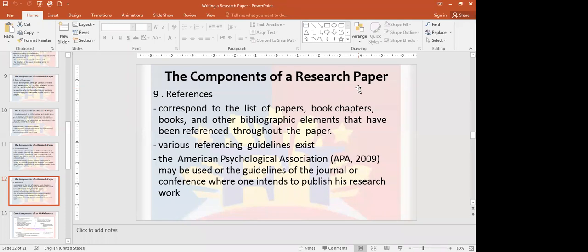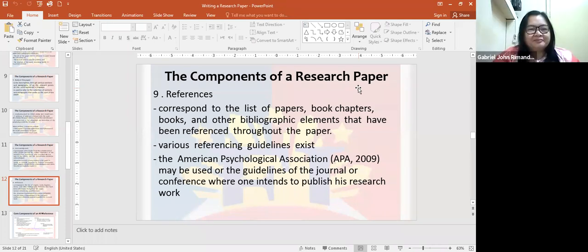Okay. So the next one, there are various referencing guidelines that exist. The question earlier was, how many pages are you required to submit? What is the minimum or the maximum? I would say this depends on what methodology or formatting you are going to use.